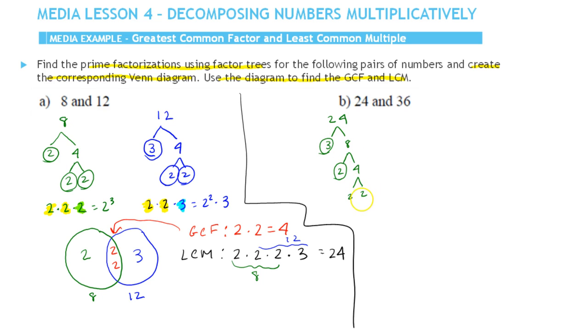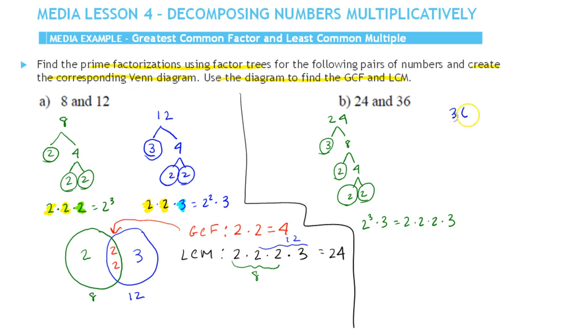Remember, circle your primes as you go so you don't leave any of them out. And 24's prime factorization is 3 factors of 2 and a factor of 3. So 2 cubed times 3, or 2 times 2 times 2 times 3.